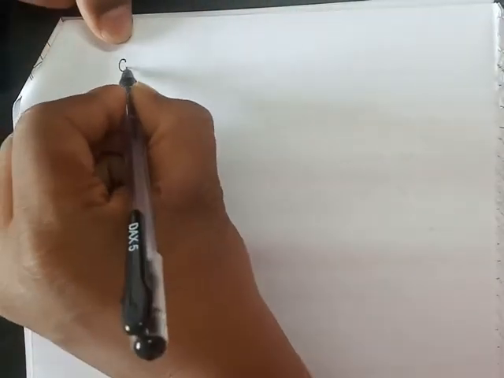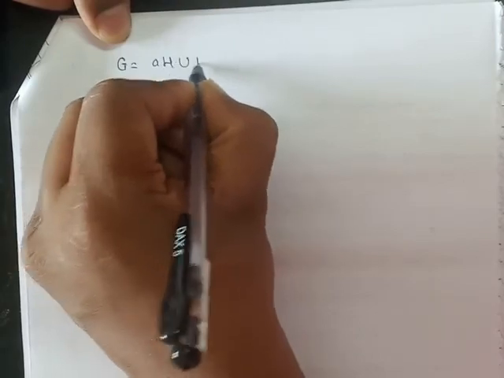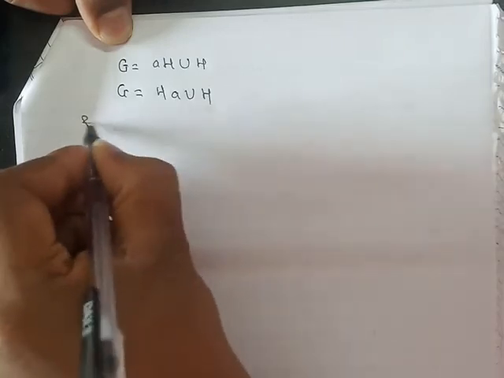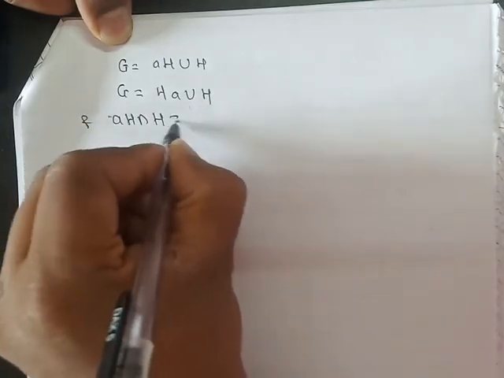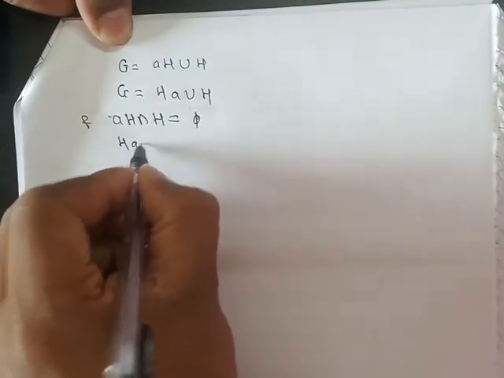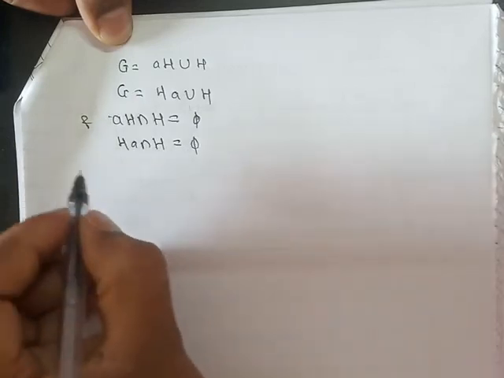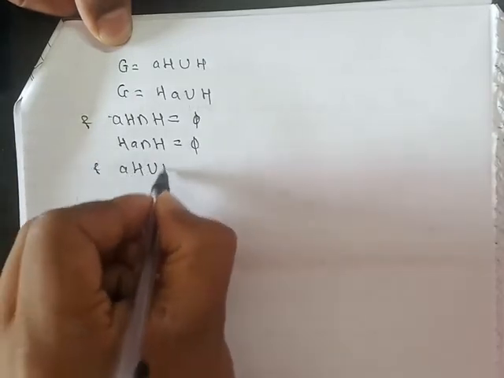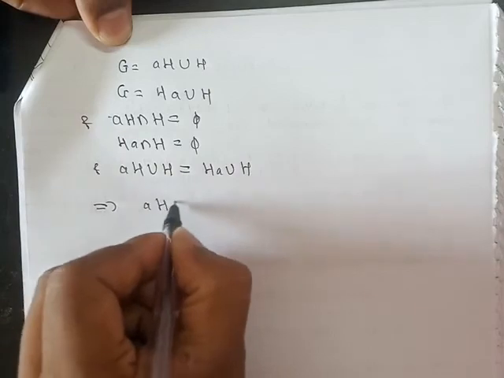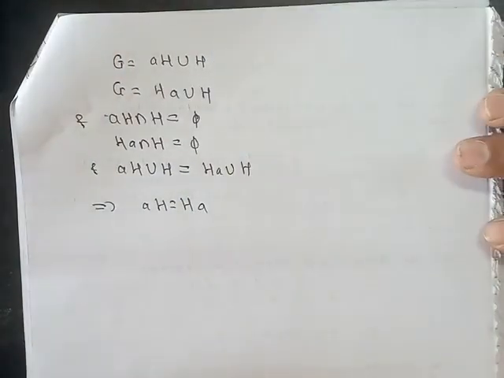Here we obtain two equations. First, G is equal to a H union H, and G is equal to H a union H, and a H intersection H is empty, H a intersection H is empty, and a H union H is equal to H a union H. This implies that a H is equal to H a, isn't it?